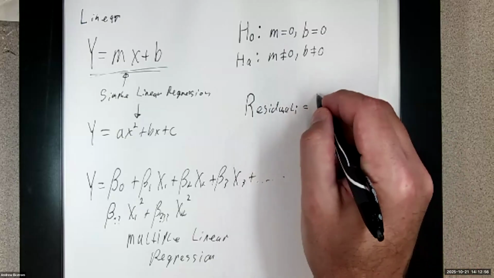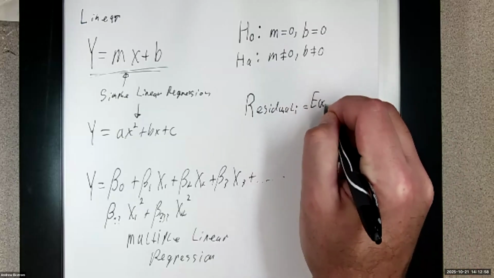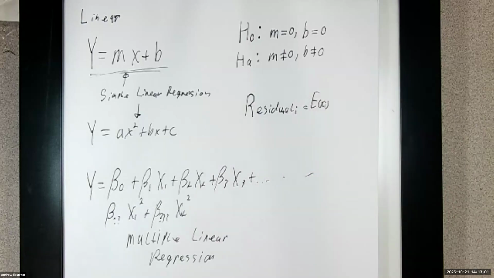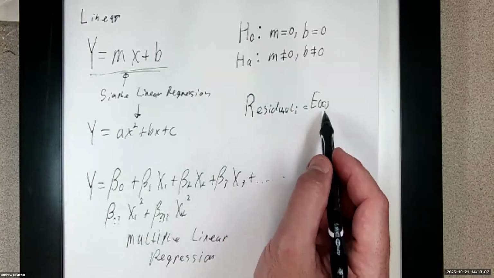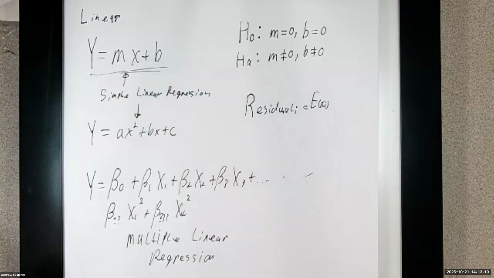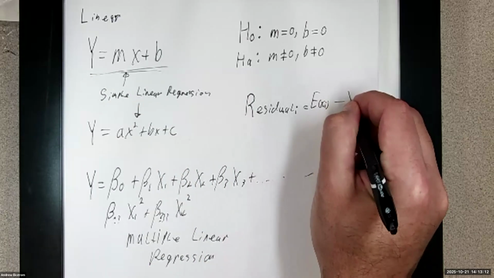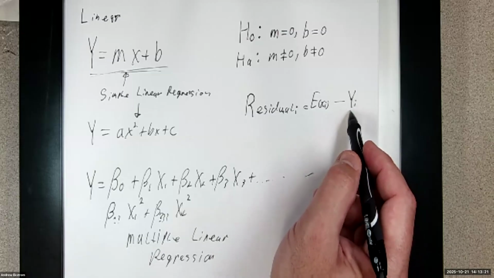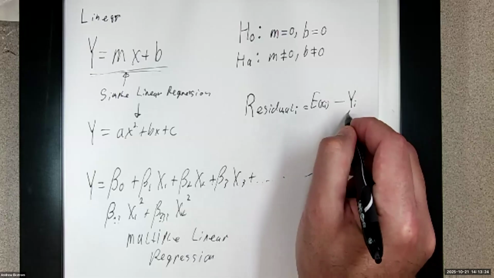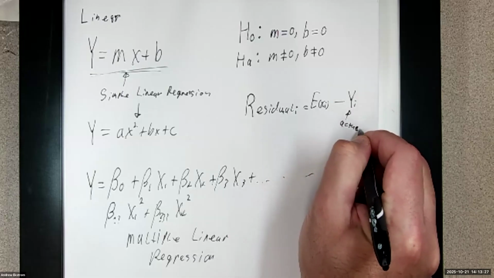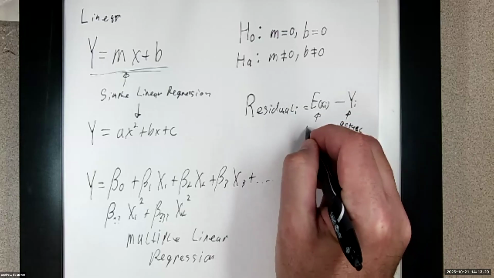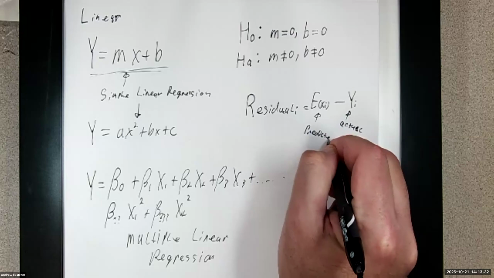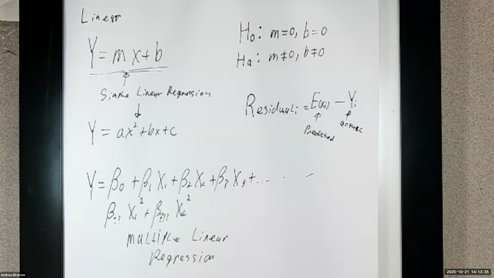It's going to be the difference between the expected value when you plug a certain value of x into your regression model, minus yi. So yi is the actual data point, and the other is the predicted value.